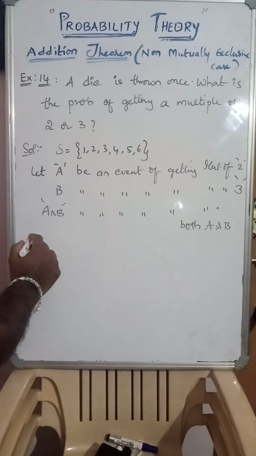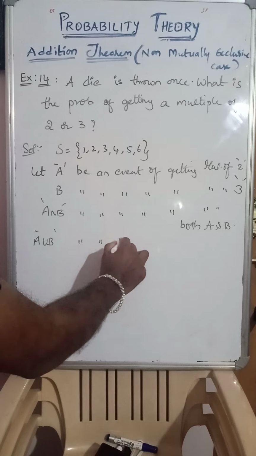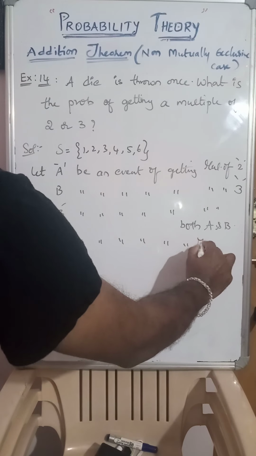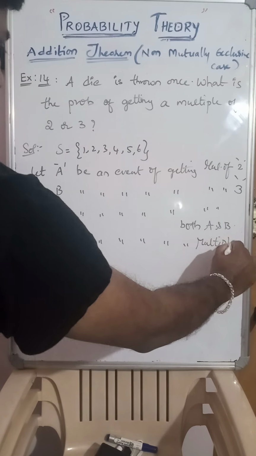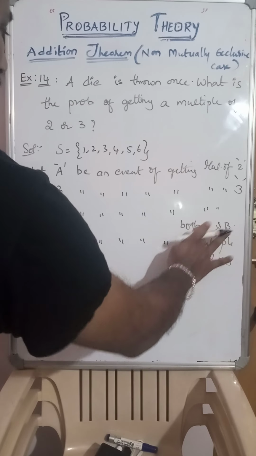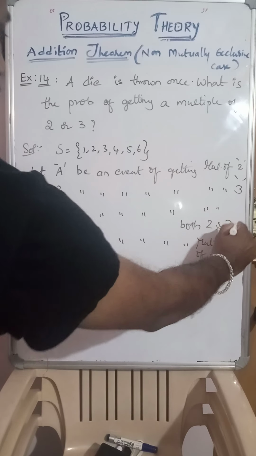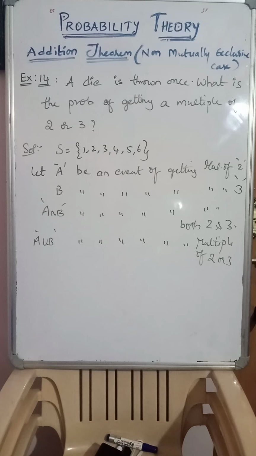Next, A union B is an event of getting multiple of 2 or 3. Clear guys? Totally 4 events are to be written. Let A multiple of 2, B multiple of 3, A intersection B, both 2 and 3, A union B, 2 or 3.